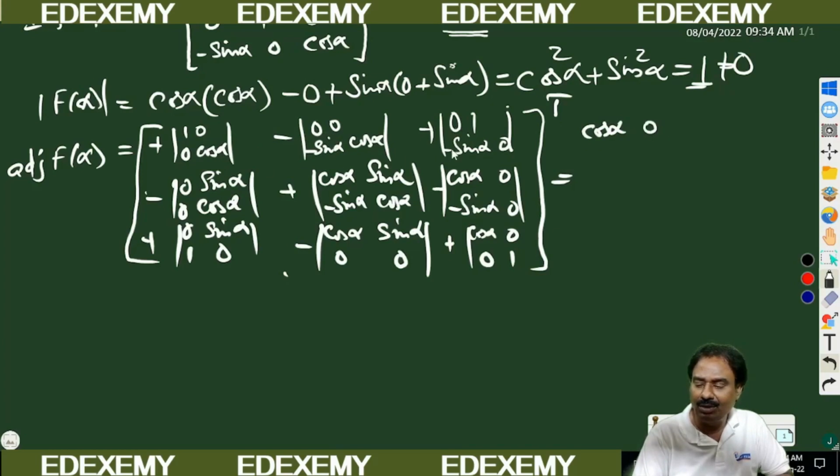Then here 0 into 0 is 0, minus of minus plus, therefore sin alpha. Now 0 0 here, if you cross multiply, this will become 0. Here cos square alpha, minus of minus plus sin square alpha, cos square alpha plus sin square alpha is equal to 1. Here 0 0 it is coming, so if we cross multiply, everything will become 0.